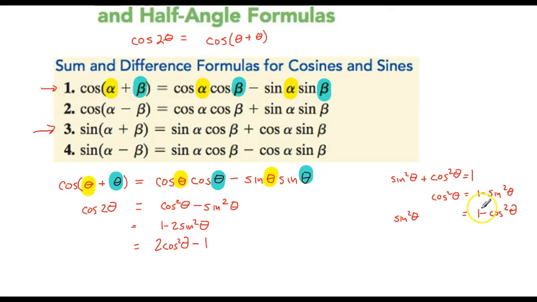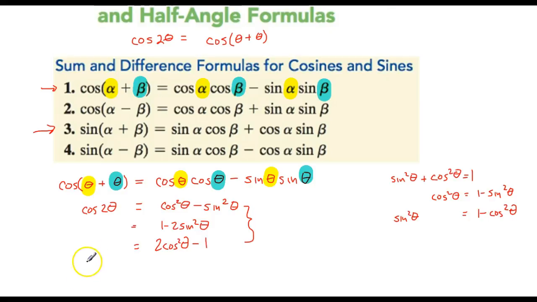So there are actually 3 forms of cosine 2 theta, based on plugging theta into both positions for the angle in the sum formula, and then using the Pythagorean identity. And notice the 3 different forms: one has both sine and cosine, one has only sine, and one has only cosine.